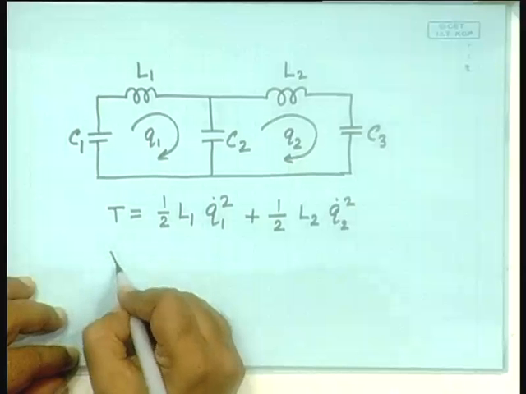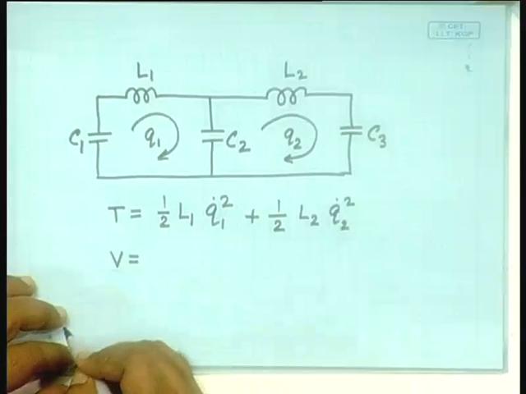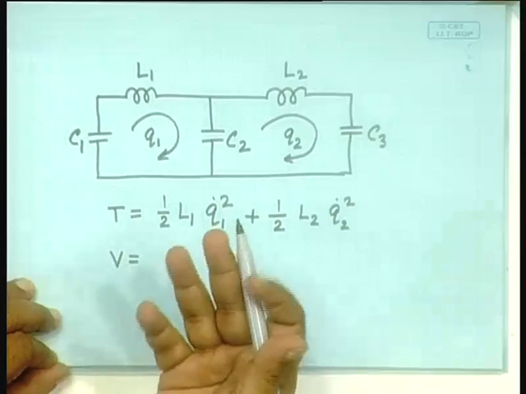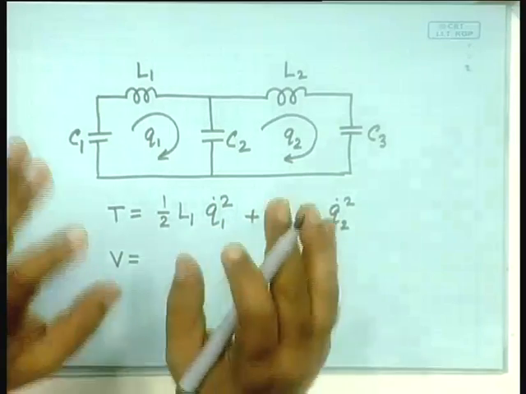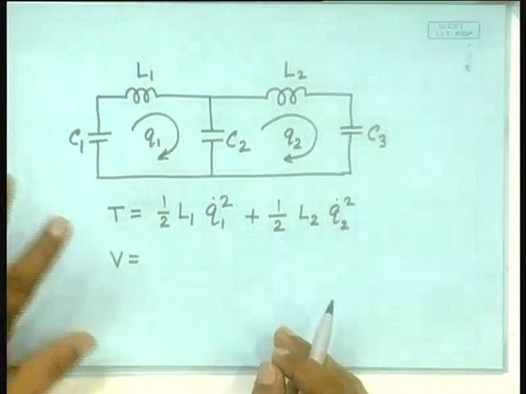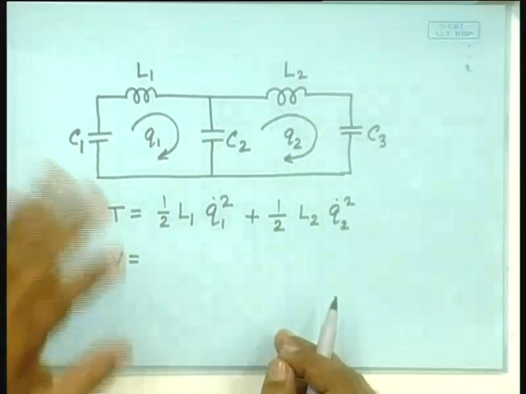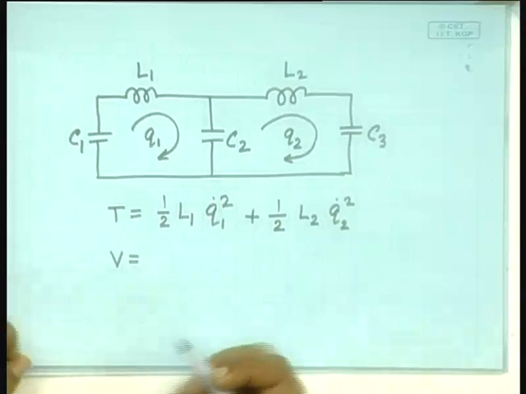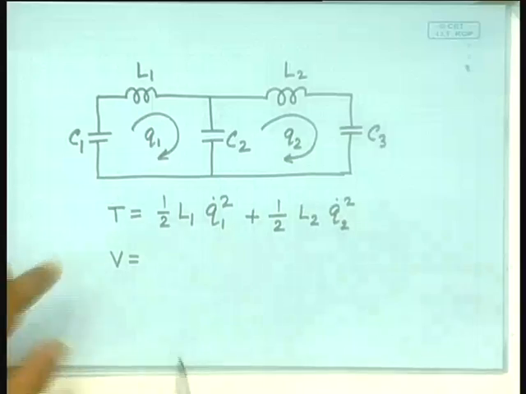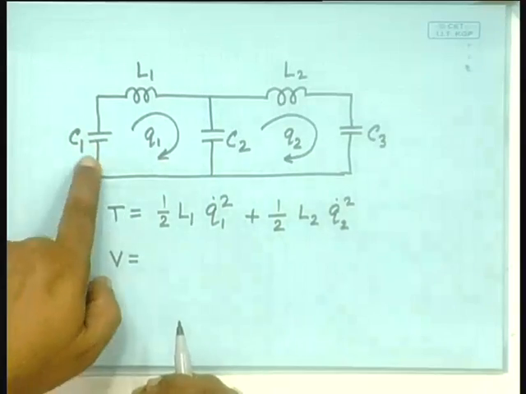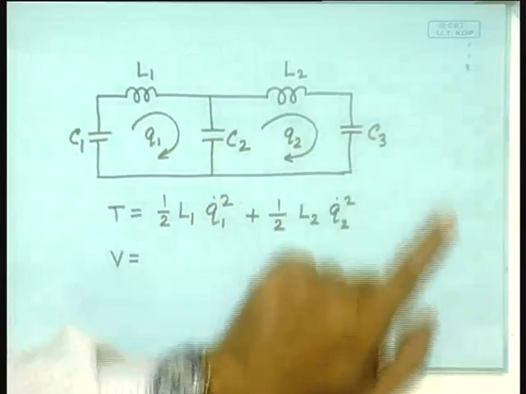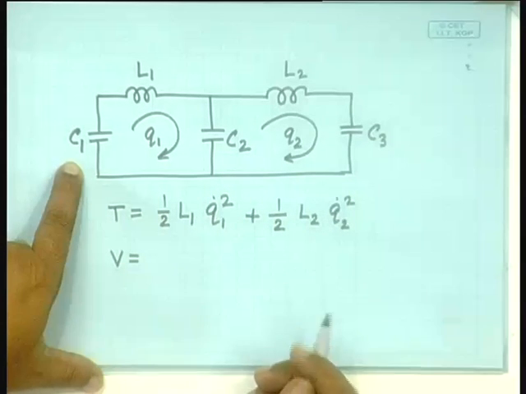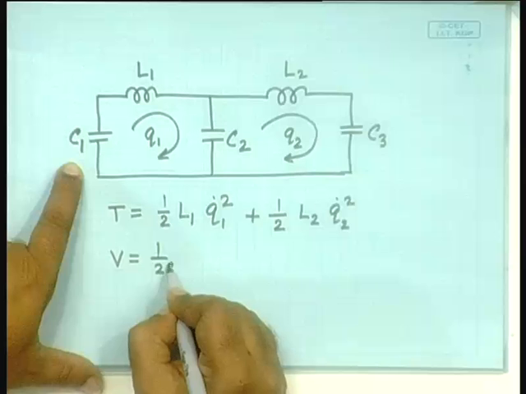V, the potential energy. Notice since we are writing the potential energy as V, all the potentials or applied electromotive forces we always will write as E, not V, because we do not want to have duplicity of notations. V is the energy stored here plus the energy stored here plus the energy stored here. How much is the energy here? 1 by 2 C1.